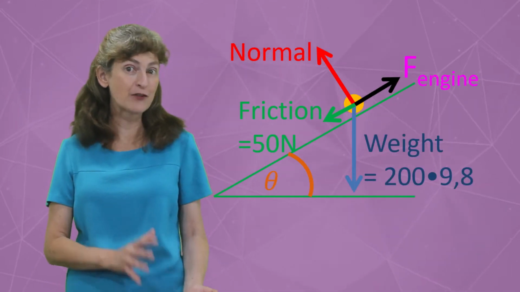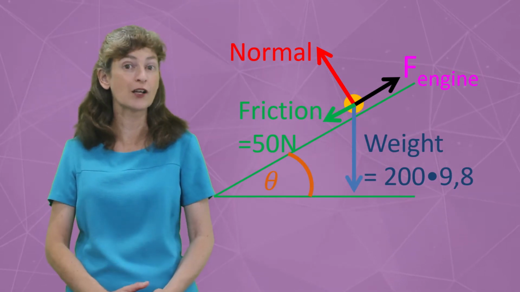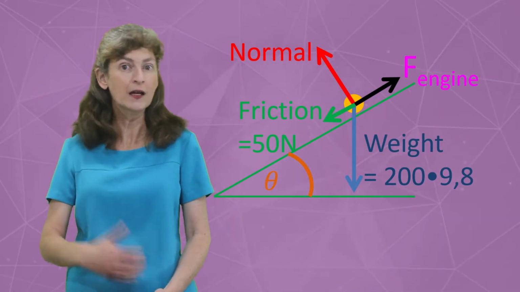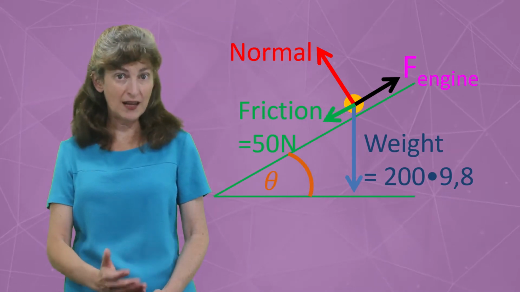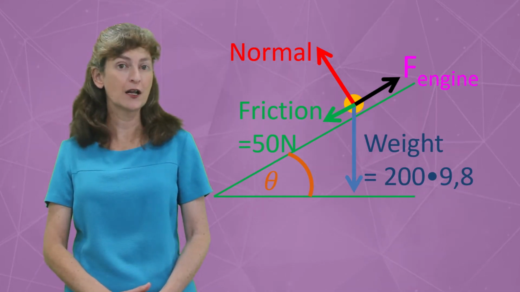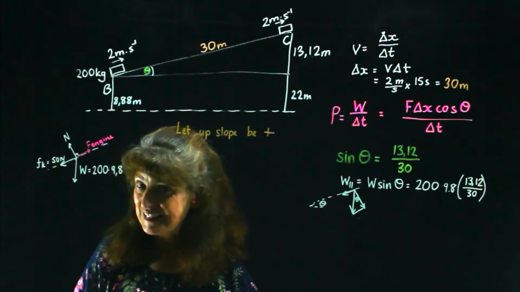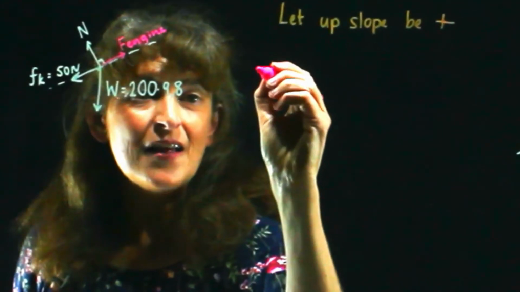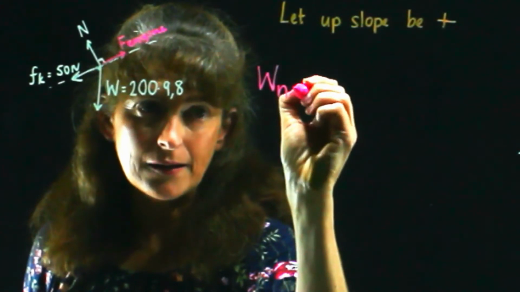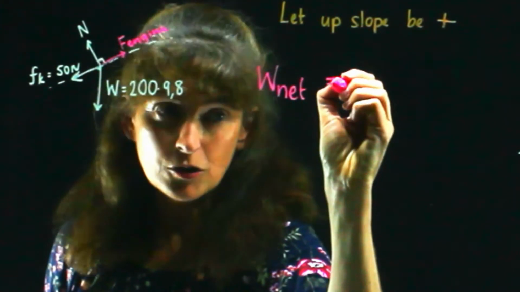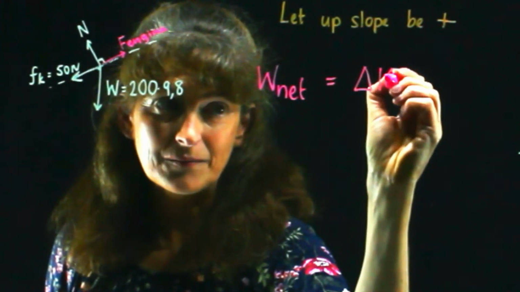So we need to go back to our free body diagram to remind ourselves of which forces are acting on this car. The engine, which is what we're really interested in, friction, the normal force, and weight. What does the work-energy theorem say? It says that the net work done is equal to the change in kinetic energy.